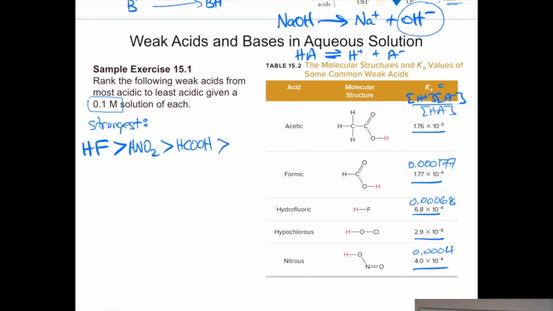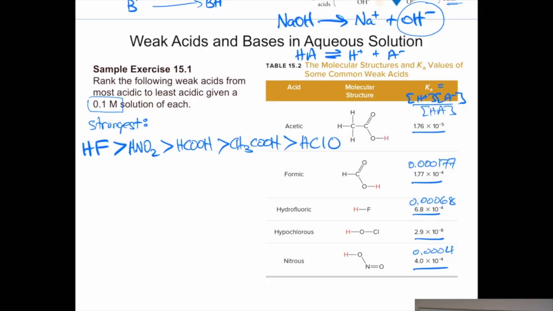Now you can go by the exponents. Acetic, CH3COOH. Lastly, we then have hypochlorous, HClO, or hypochlorous. All right? That's all there is to that.